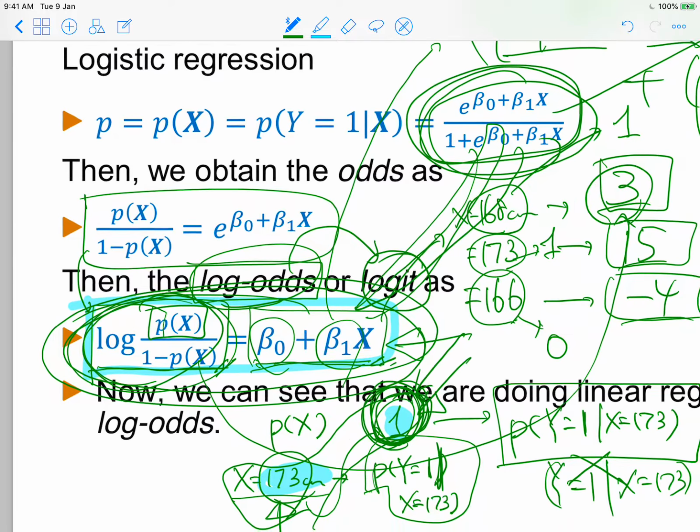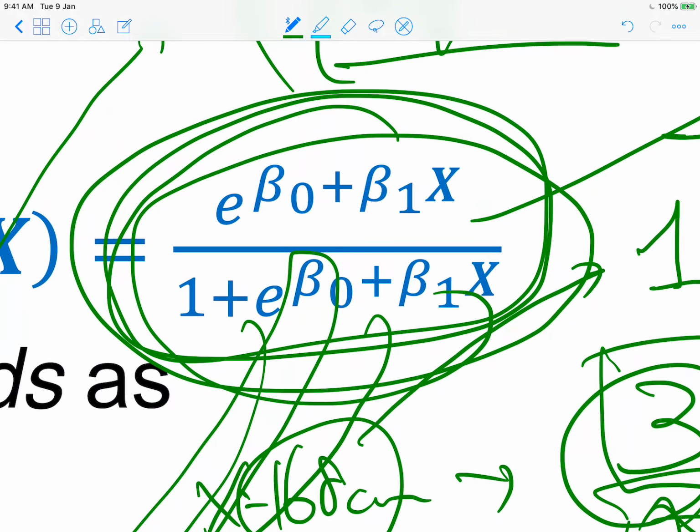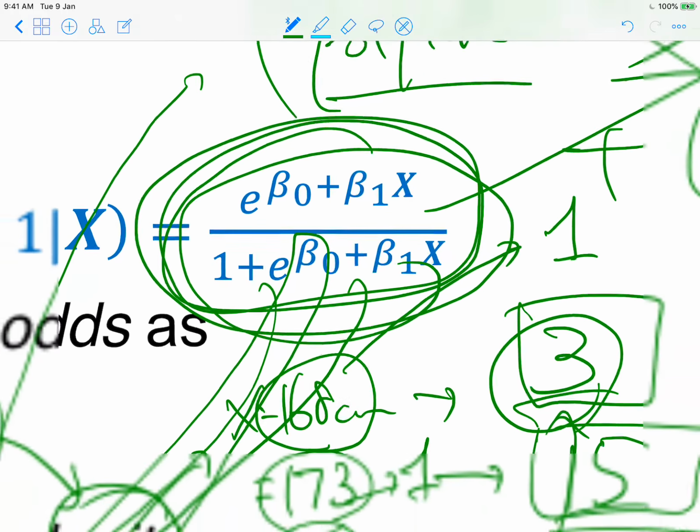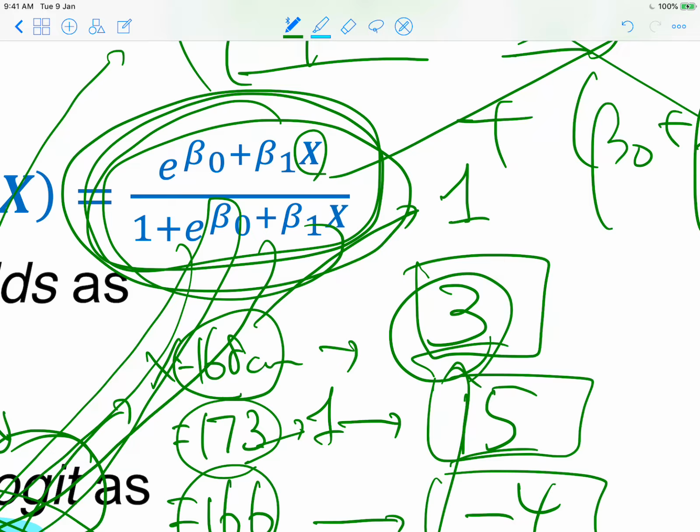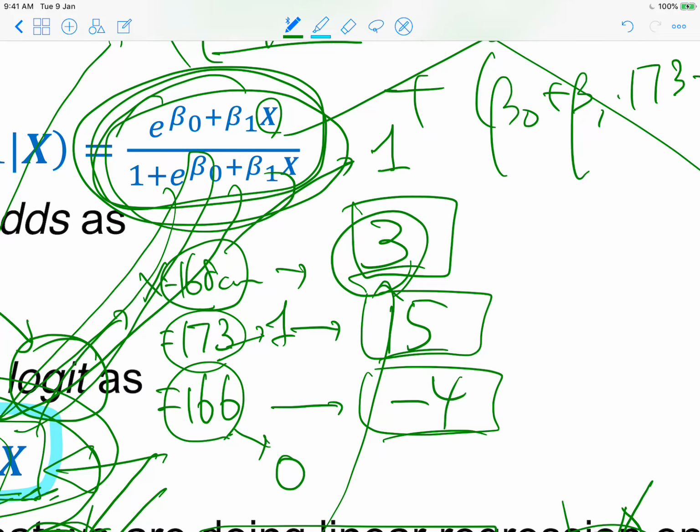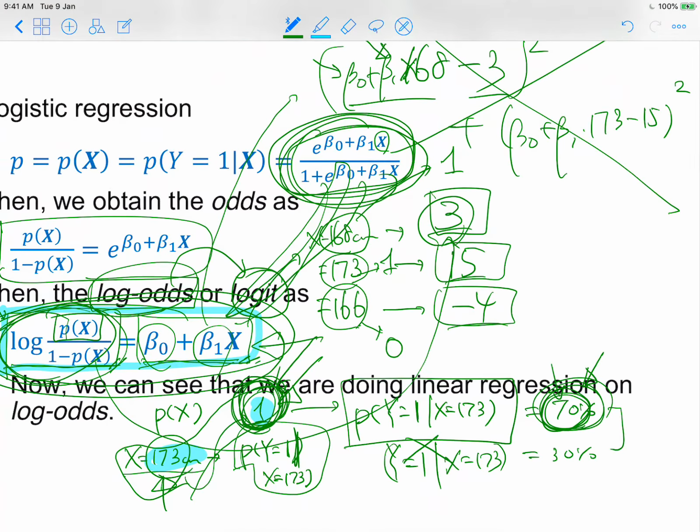This is our model for representing the probability of the male class when x is given as some value, and the probability is computed in this form. And this 70% is the same as this guy. So if this guy is male, then we maximize this probability.